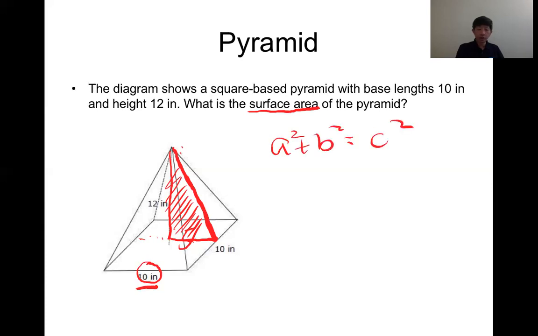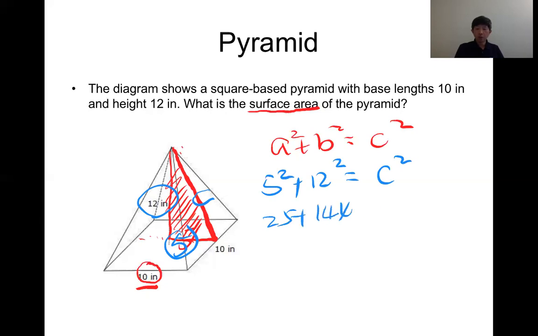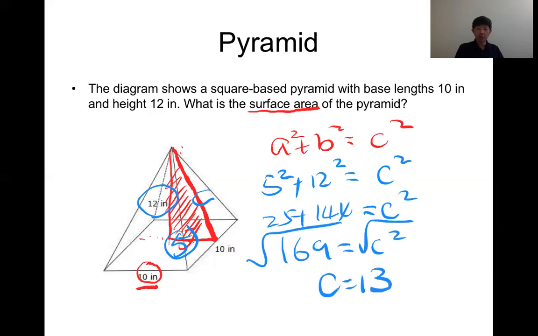Now a is 5 there. What about b? b is 12. What about c? c is this one we're looking for, right? So we have 25 plus 144, centimeters squared, say c squared, which is 169, which is equal to c squared. Take the square root of both, c is equal to 13, right?